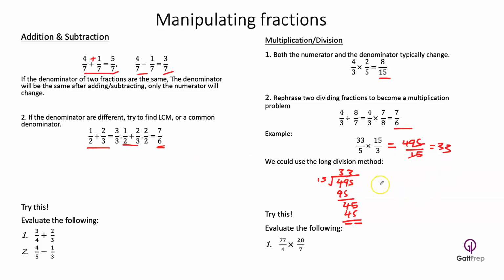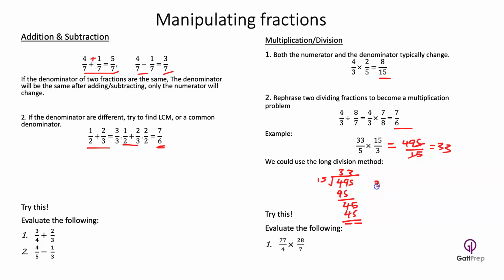Now this problem can be simplified greatly by cancelling part of each fraction before multiplying. We always have to look for common factors in the numerator and denominator. So instead of the long division method, we can break down the numbers using prime factorization.